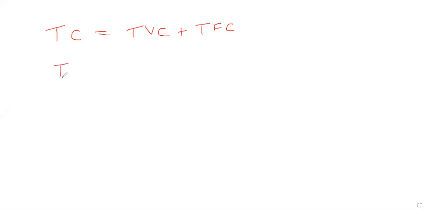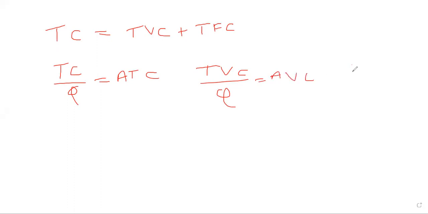Then if we divide the total cost over quantity, the T becomes an A. So this is average total cost. Divide the total variable cost over quantity, the T becomes an A. This is average variable cost. When you divide the total fixed cost over quantity, the A replaces the T, average fixed cost.